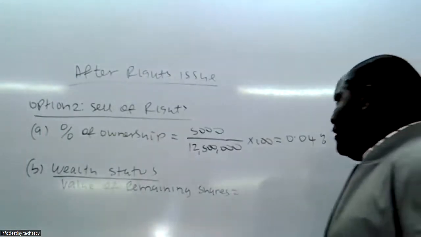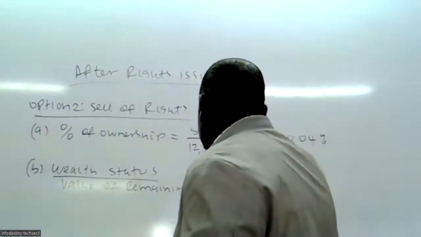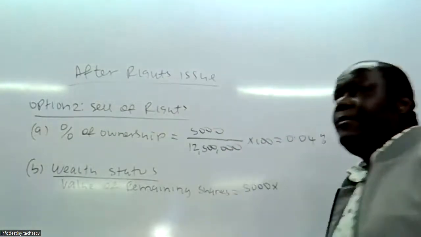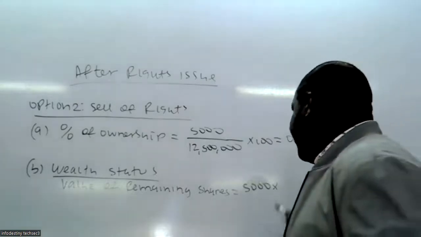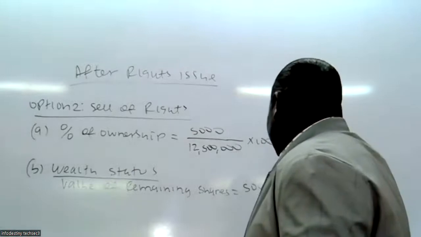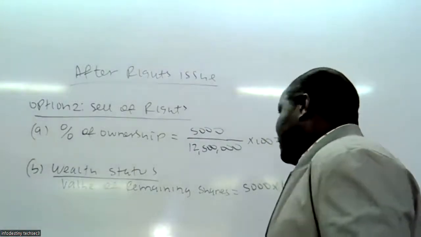So he is remaining with 5,000 shares, but I said that all the shares are valued at the theoretical ex-right price after the right issue, which was 11.305. So you get that.